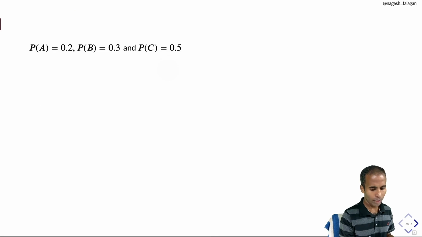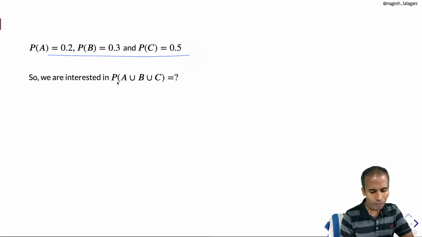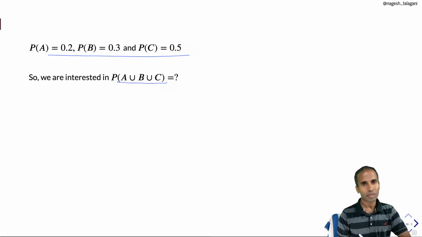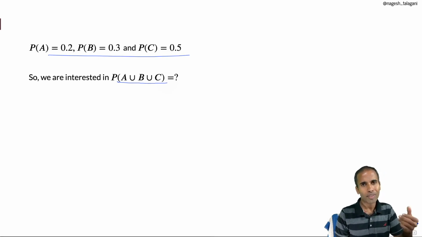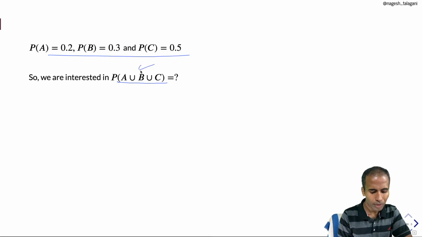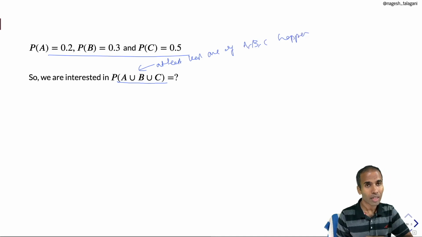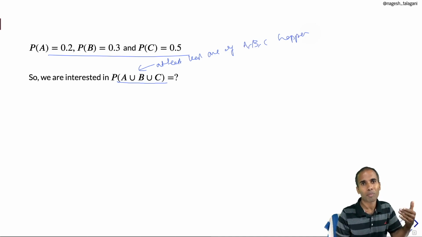Now here we are interested in the probability of A union B union C. See, our event of interest is expressed in terms of A, B, C like this. A union B union C means at least one of A, B, C happening, which means at least one of A, B, C solving the problem. That's what we mean by the problem being solved.